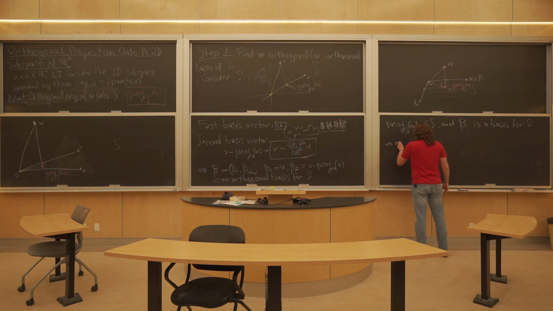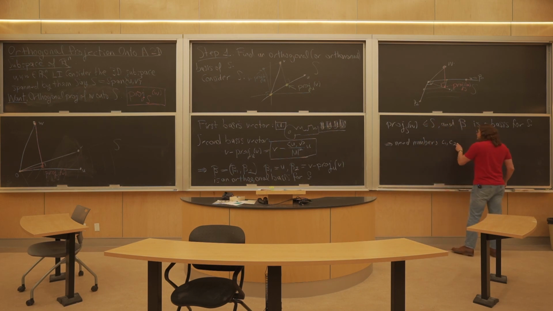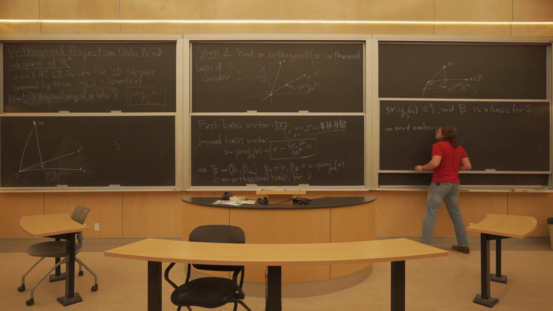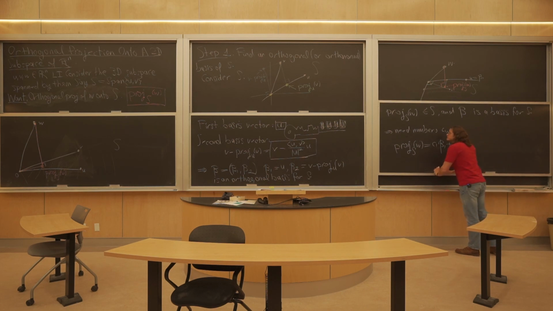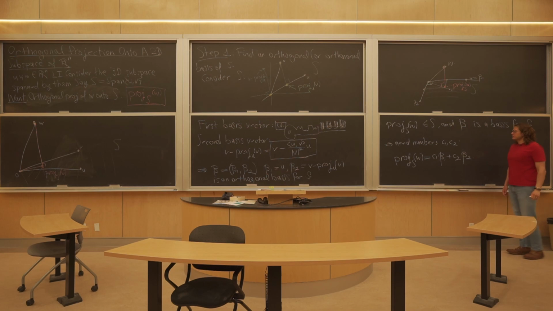So I need numbers C1 and C2 such that this vector equals C1 times beta 1 plus C2 times beta 2. Okay?